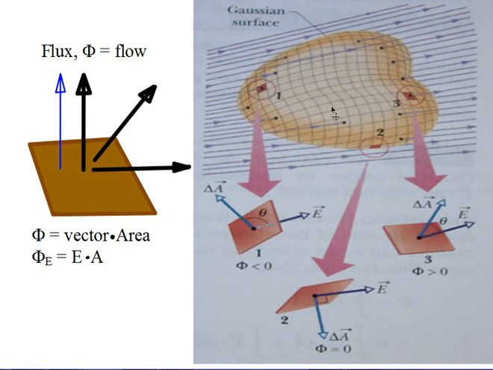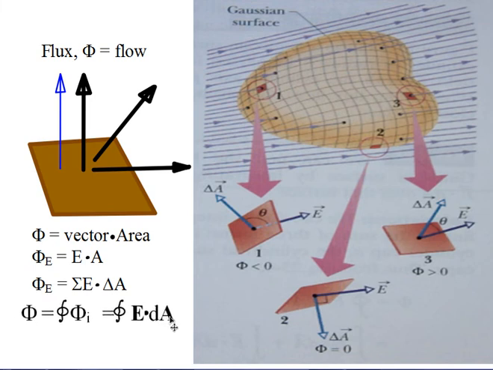And when we talk about the flux of this whole surface, what we want to do is to add up all of the fluxes for each of these little patches, and that gets you the electrical flux for this whole surface. And so we will let those little patches shrink and become infinitesimal, and instead of a discrete summation, we'll do a continuous summation of the flux through each of those little elements.